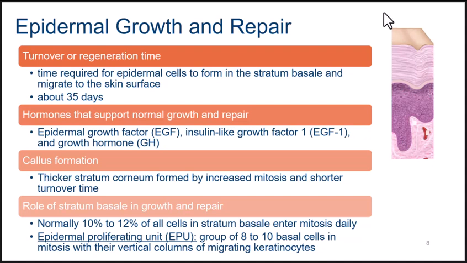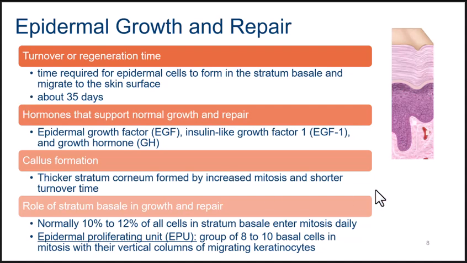Turnover time and regeneration time are terms that are used to describe the time frame required for a population of cells to mature and reproduce. It refers to the time it takes for the cell to have been created in that stratum basale, that basement layer, not basement membrane, but like the base layer, to migrate to the surface of the skin.